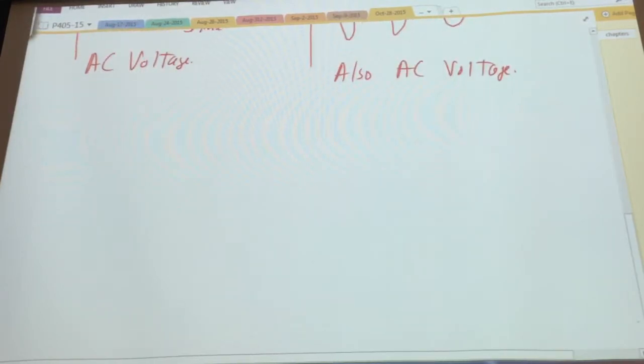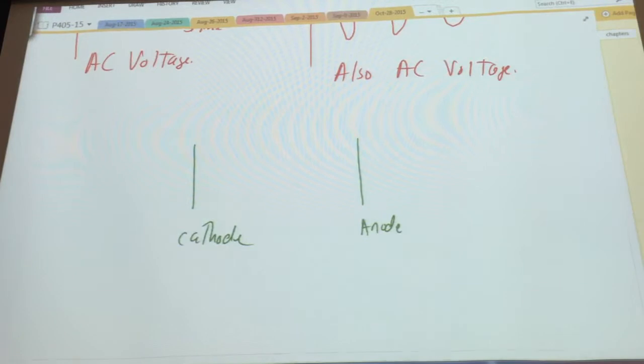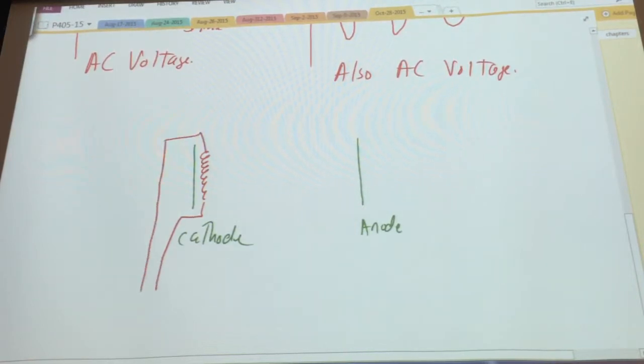That's the whole idea. And our simplified X-ray tube consists of a cathode, and the other end of it is called the anode. And we're going to draw the filament like so. Filament is going to be our source of electrons.